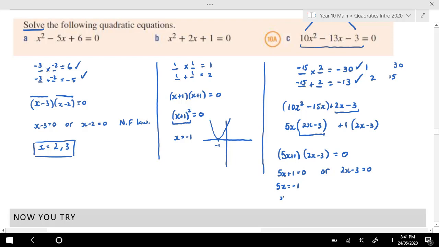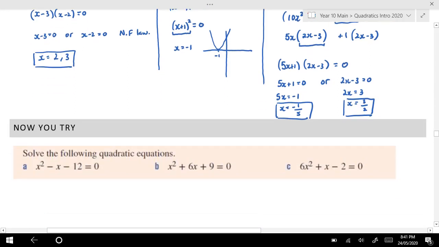Dividing both sides by 5, x is equal to negative 1 over 5. And over here, we add 3 to both sides. 2x is equal to 3. x is equal to 3 on 2. So as you can see, you've got one solution, two solutions, and I guess it's a little bit trickier in that they're not whole numbers, they're fractions.